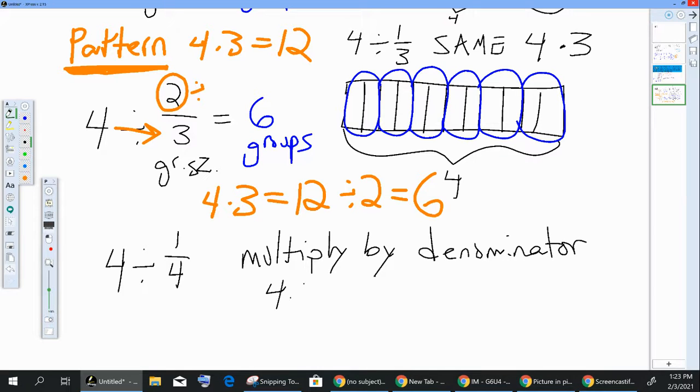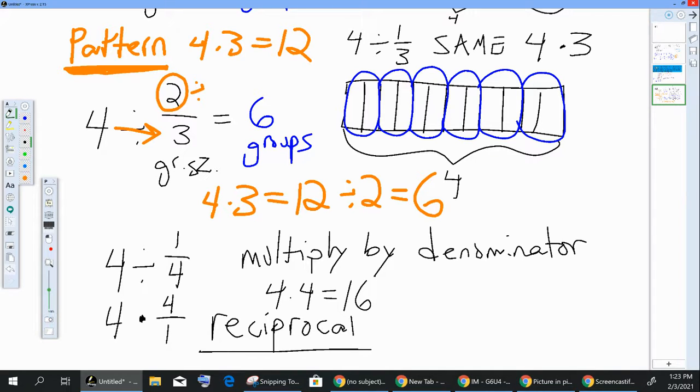So 4 times 4 equals 16. So again, what I'm saying is that 4 divided by 1/4 is the same thing as multiplying by the reciprocal, or 4 times 4, which I'm just going to write as 4 over 1. Because notice they are reciprocals of one another. And that gives you a correct answer of 16.